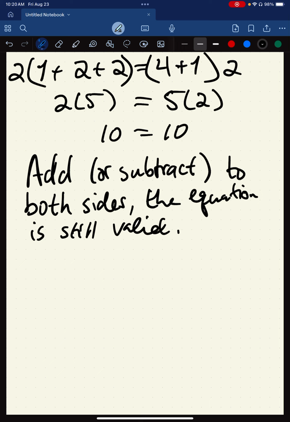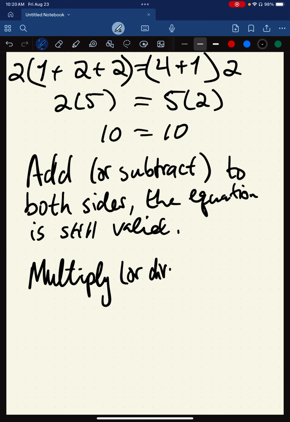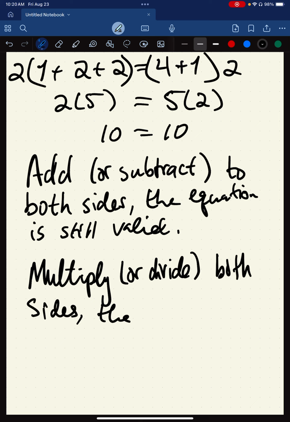If we multiply or divide, remember division is just multiplication by a fraction, both sides, and we have to do the entire expression on both sides, the equation also is still valid.